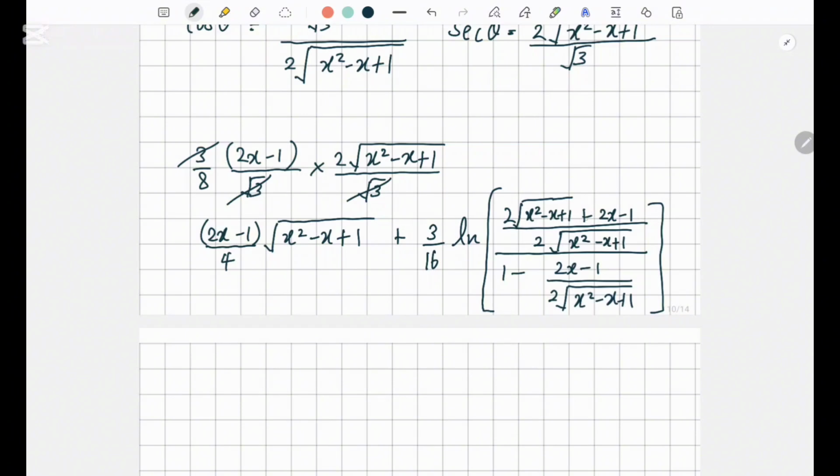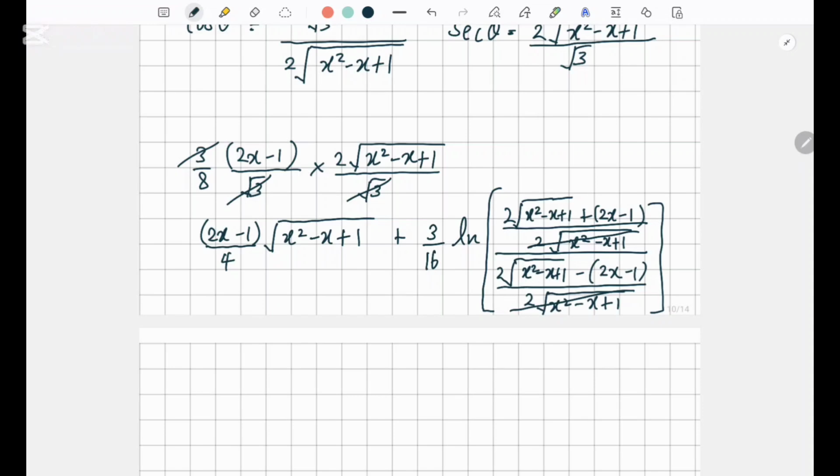It's the same thing, right? And we'll have the same thing for the denominator, but the only thing that changes is the negative sign. So it's 2 root x squared minus x plus 1 minus 2x minus 1 over 2 root x squared minus x plus 1. So you can see these two will cancel off, right?